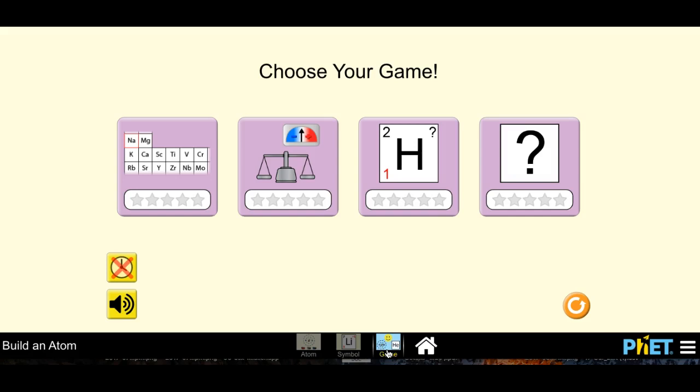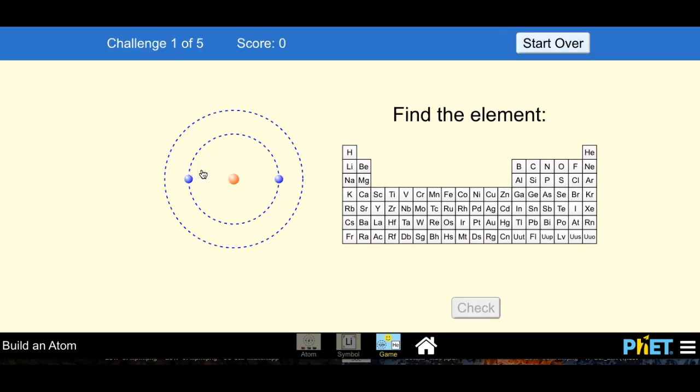Alright, you get to choose your game here, so let's see what these are. So if I pick this one first, it says find this element. Well, it's got 1 proton in the middle. So if it's 1 proton, it's going to be the very first element on the periodic table, hydrogen. Now it's asking me, is it neutral or is it an ion?